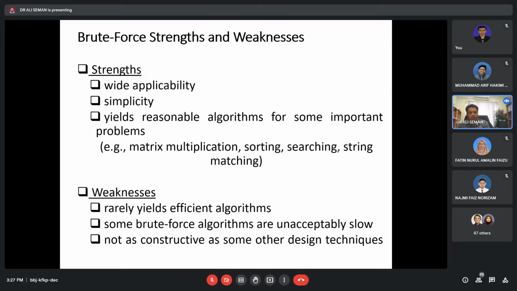Secondly, some brute force algorithms are unacceptably slow when we try to execute bigger data, and they become very, very slow. And they are not as constructive as some other design techniques. These are the weaknesses or drawbacks of the brute force algorithm.